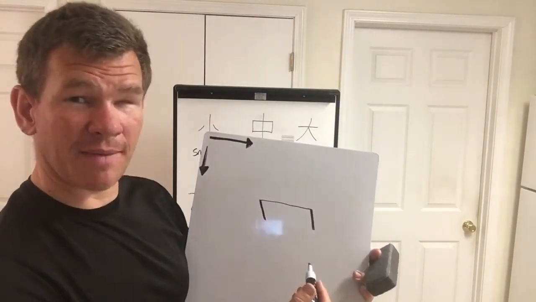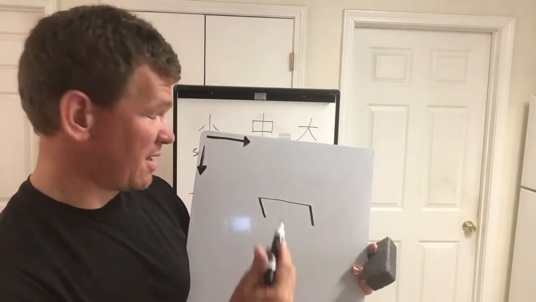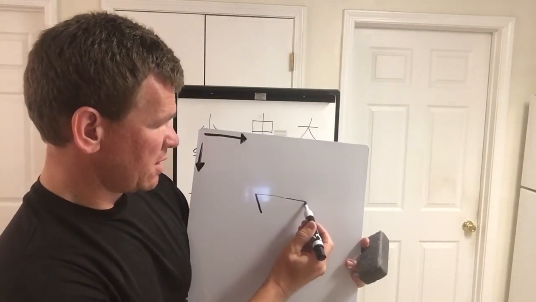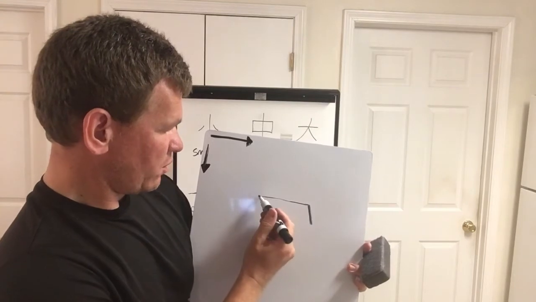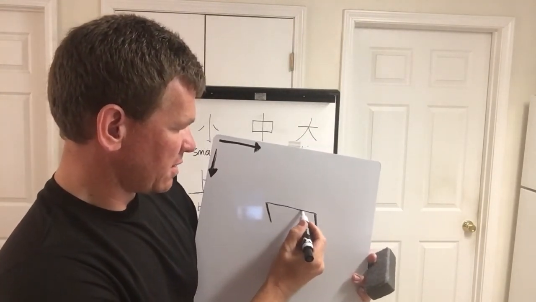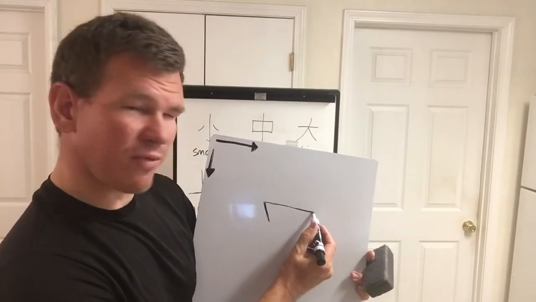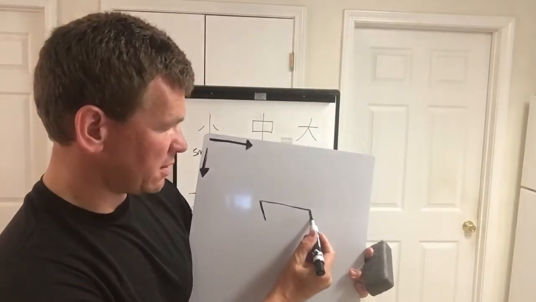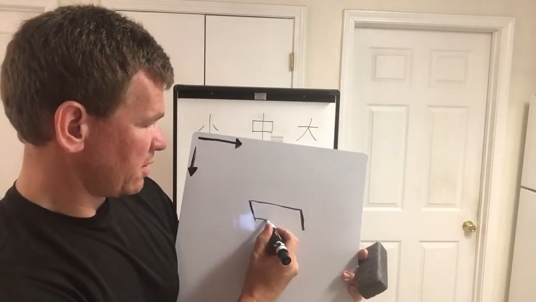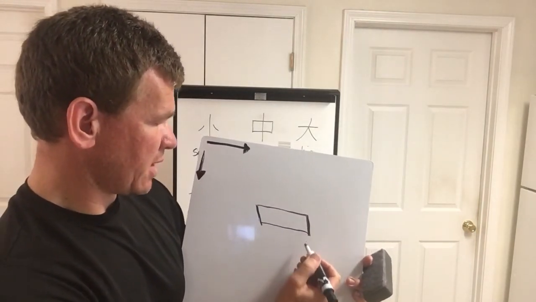Remember, anytime you do a box, the second stroke, you do not lift the pen. So one stroke, that's the first stroke. Second stroke to the right, and you keep your pen down, and then go down. Third stroke, you connect them.